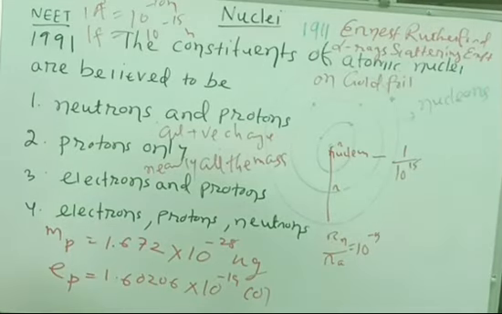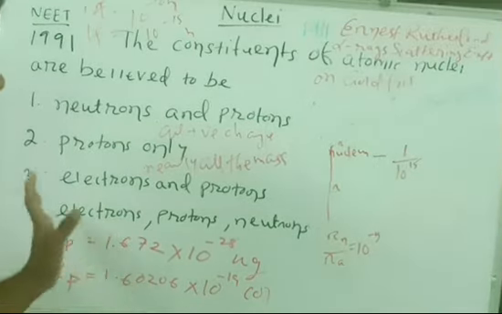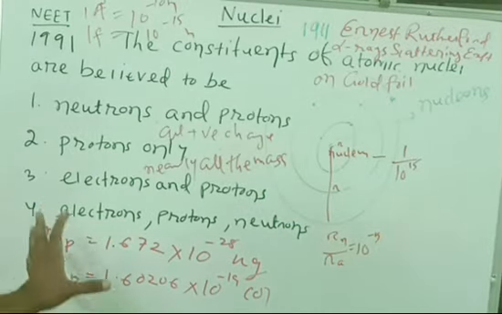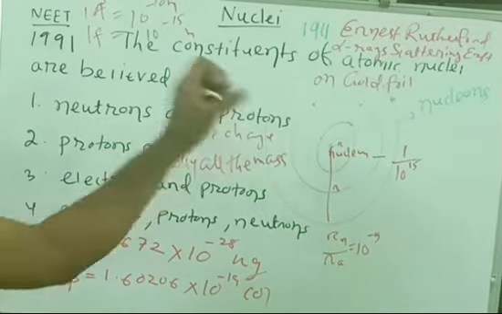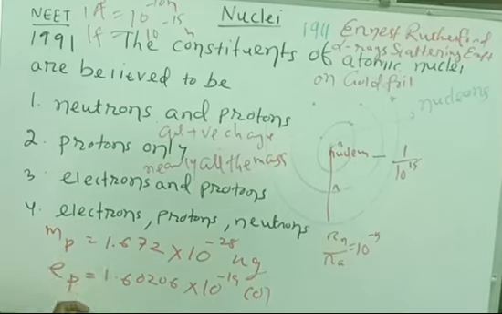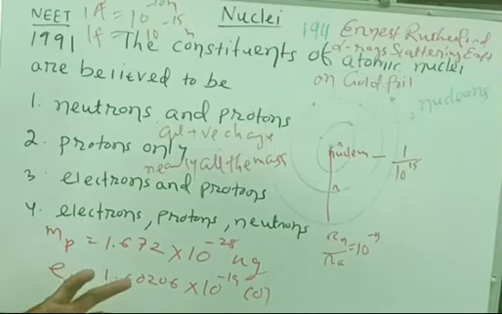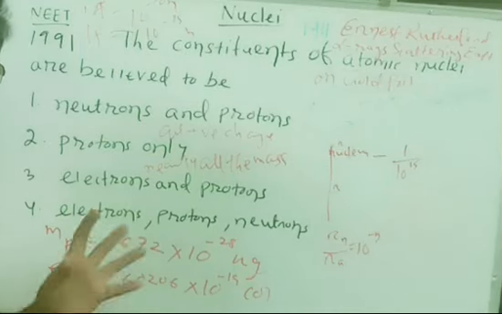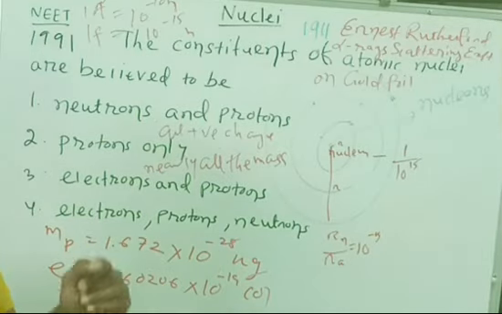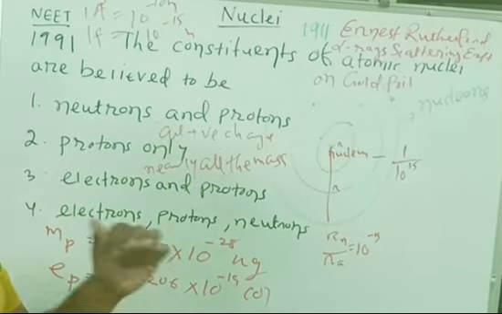Students, after calculation, it was seen that the mass of the nucleus is not equal to the mass of all the protons present in an atom. So it was thought that the difference in mass reflected that there must be some neutral particles inside the nucleus, excluding the protons.